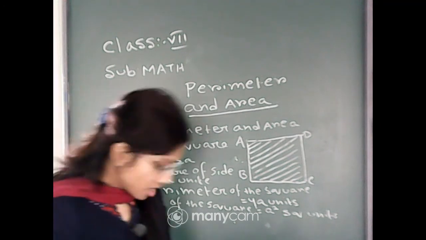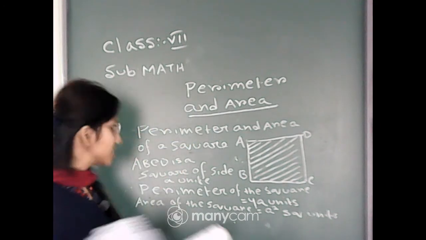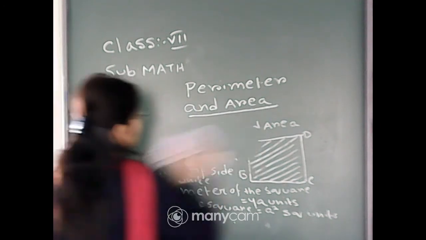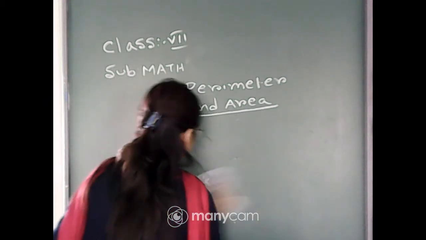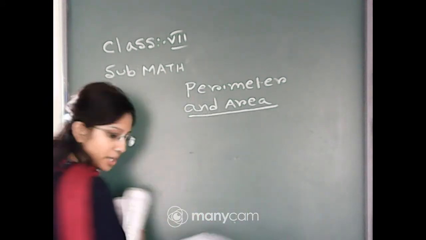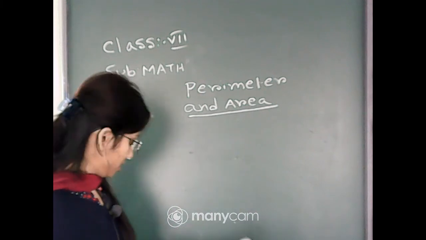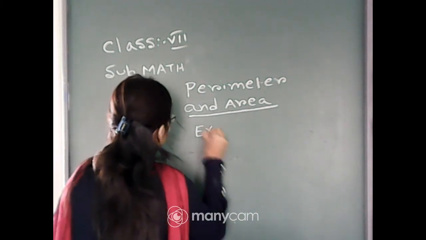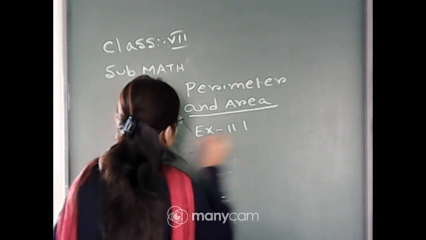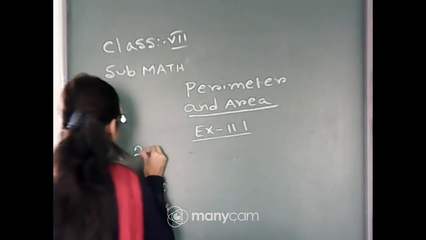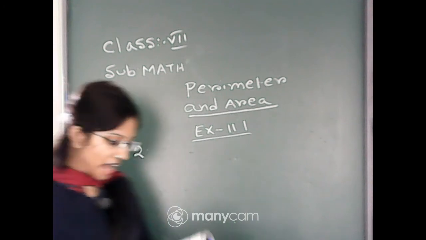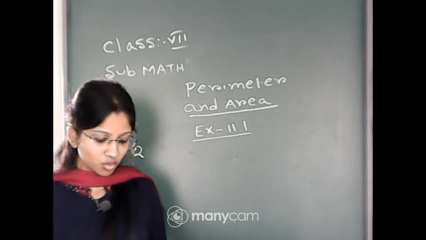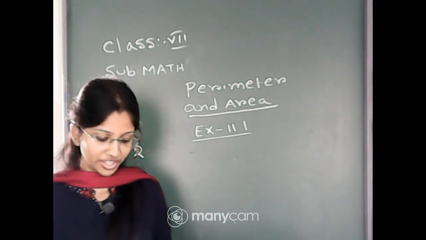Now we will do the exercise 11.1, question number 2. Find the area of a square park whose perimeter is 320 meter.